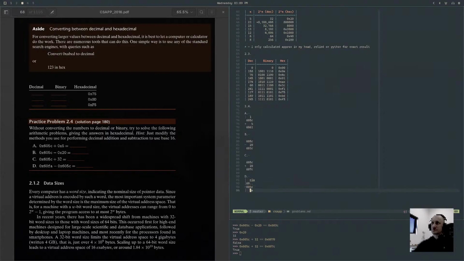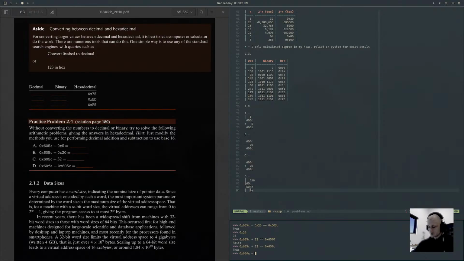I have E minus 5, which would be 9, plus 5 would be A, B, C, D, E. So this would be a 9. And then this would just be zeros because they subtract out. So 9E, I think. Let's try that.